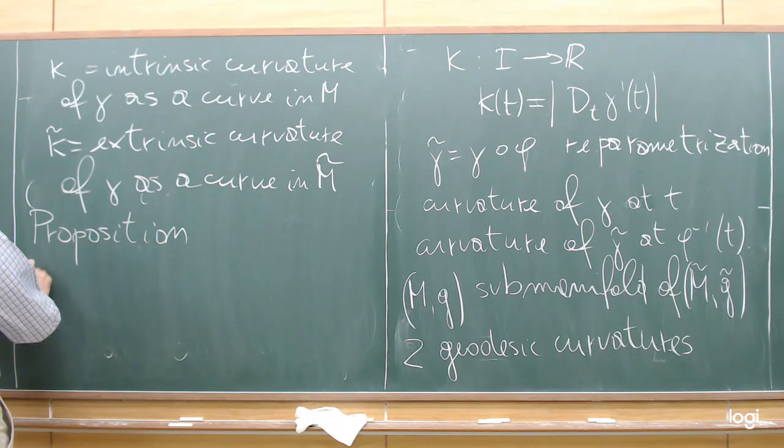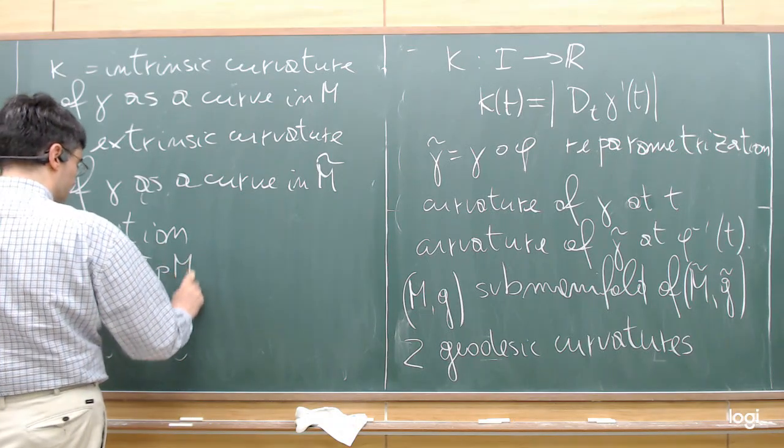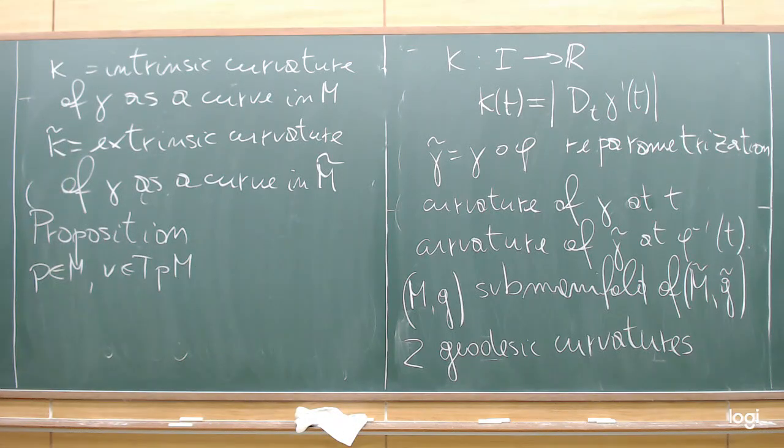So suppose that P is a point of M, V is a vector in TPM.